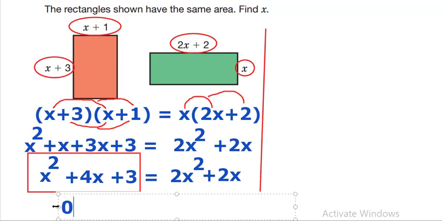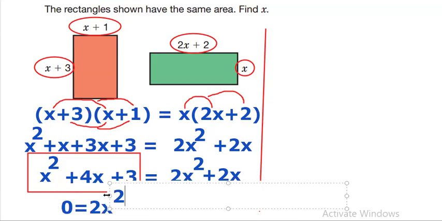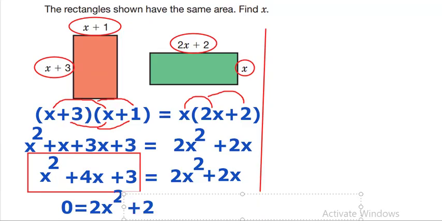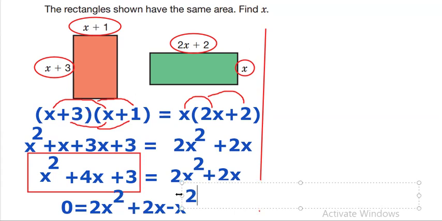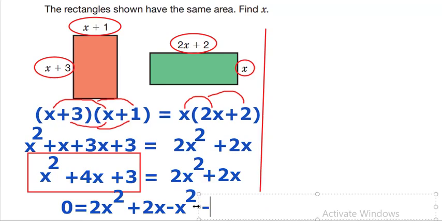So it's going to be 0 equals 2x to the power of 2, and then plus 2x, now this minus x squared, minus 4x. As I said, we changed all of the signs, okay? And then minus 3.